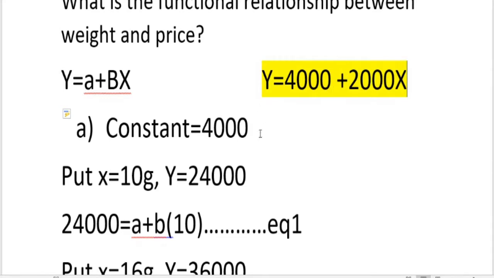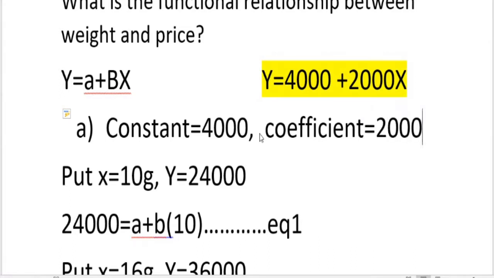The second point, the coefficient, is very important. The coefficient, that is the value of b, is coming out to be 2000. So can anybody tell me what is the meaning of this coefficient 2000? What do you understand by this coefficient equal to 2000?